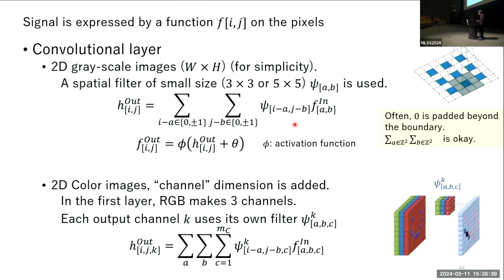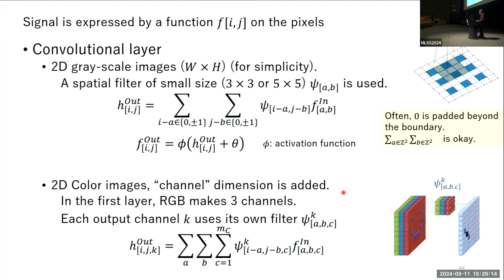And for notational simplicity, we regard that the spatial filter takes a value 0 beyond the border of 3 times 3. Instead of describing difficult notations, we just take the sum over the whole area of Z squared, and that should be fine. Just 0 beyond the border.